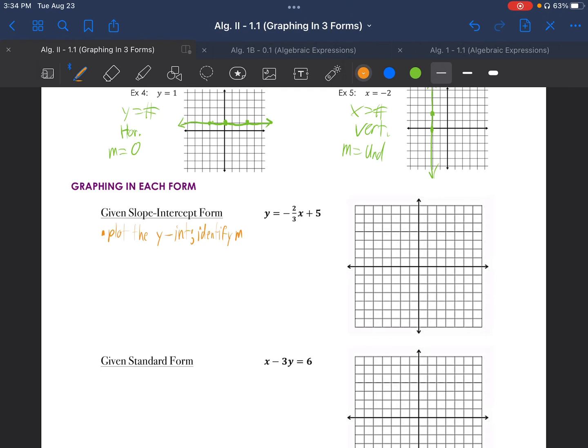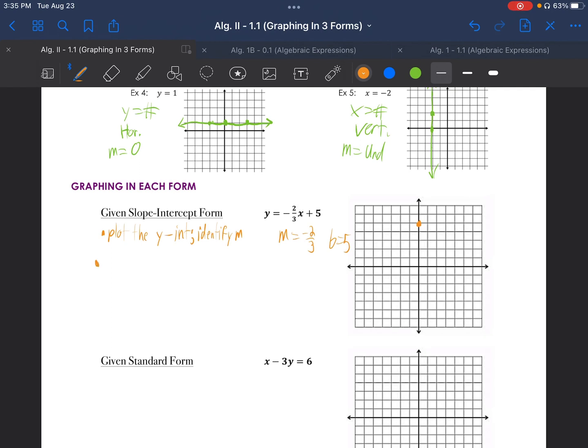So let's go ahead and do that. m is negative 2/3 and b is 5. So we're going to begin with b. So the plus 5 tells us it's going up, or right. It's going up because it's a y-intercept.